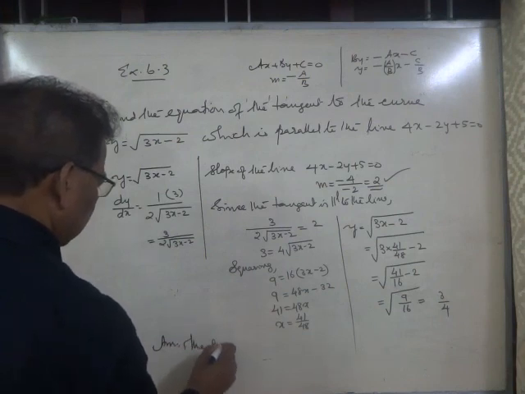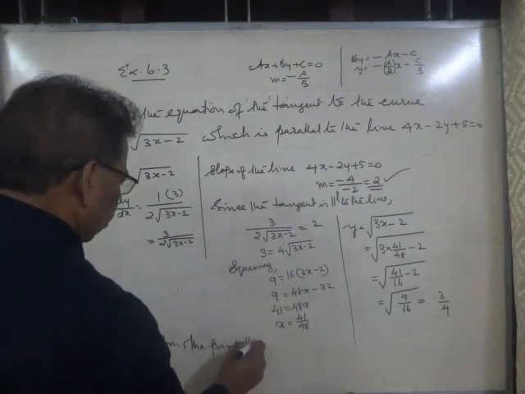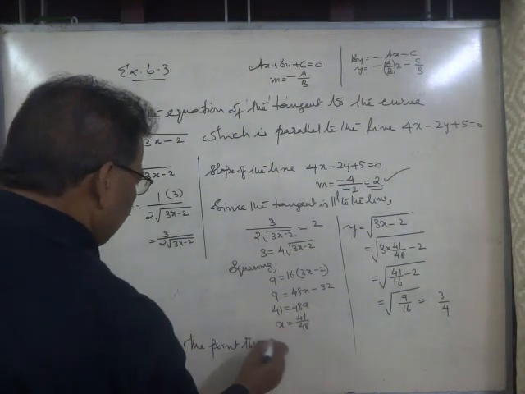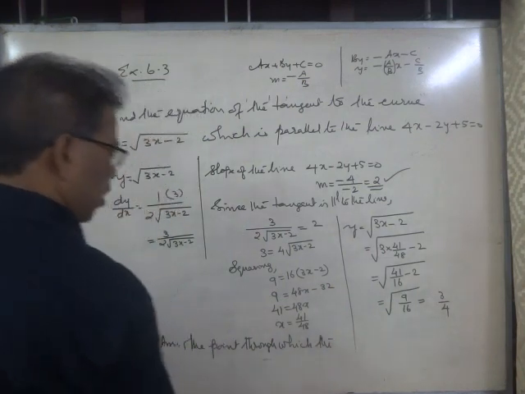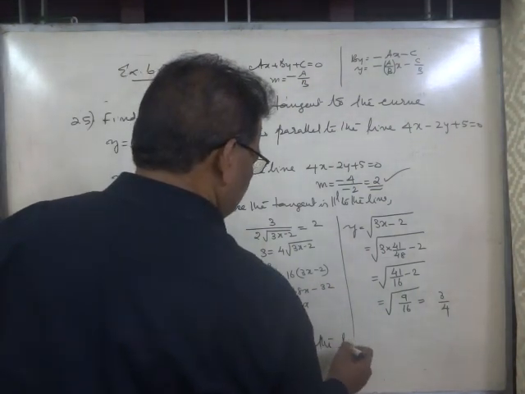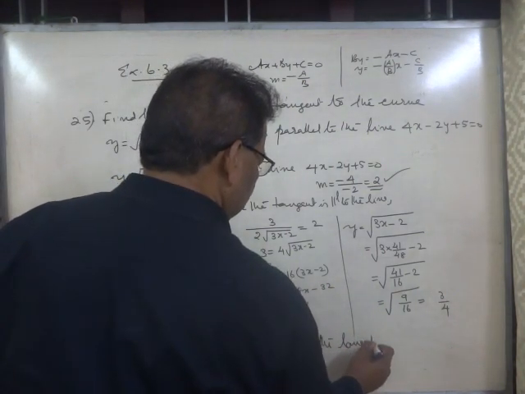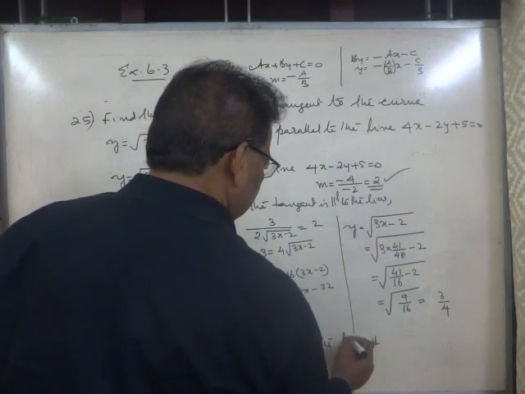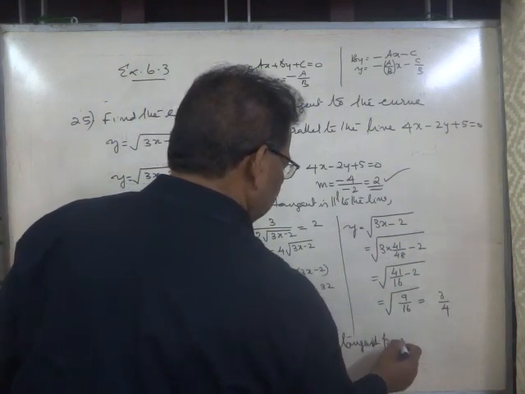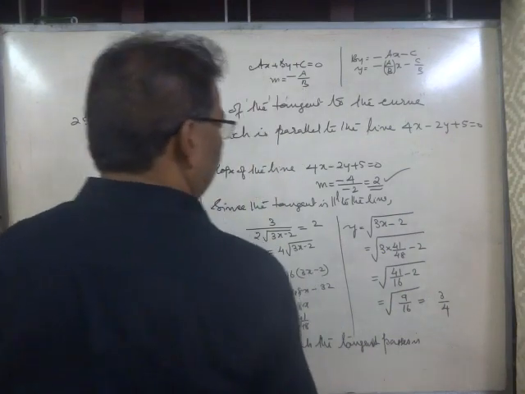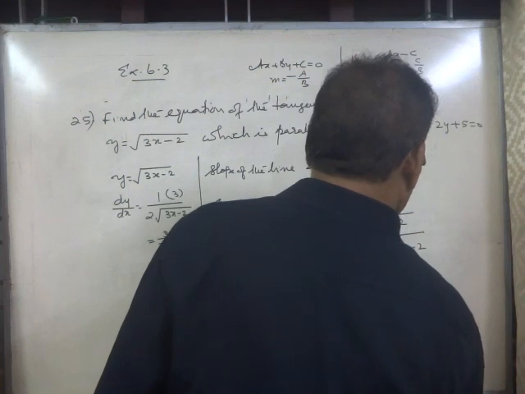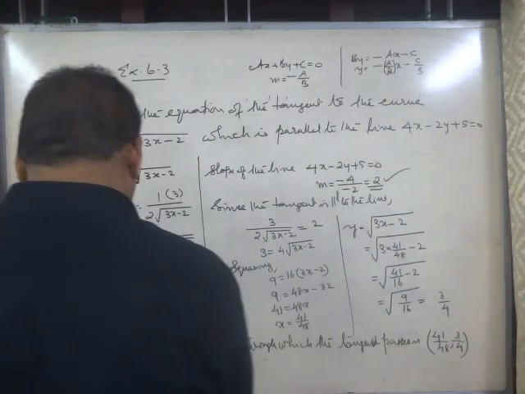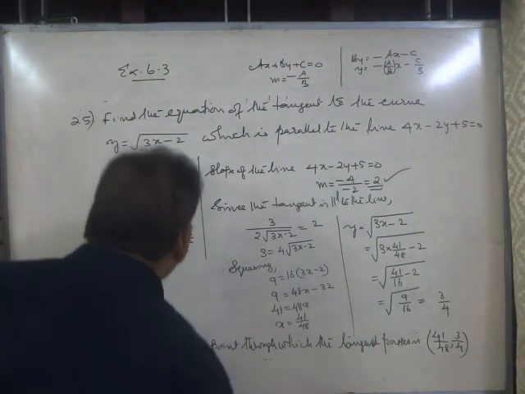The point through which the tangent passes is 41 by 48, 3 by 4. Now we have to write the equation.